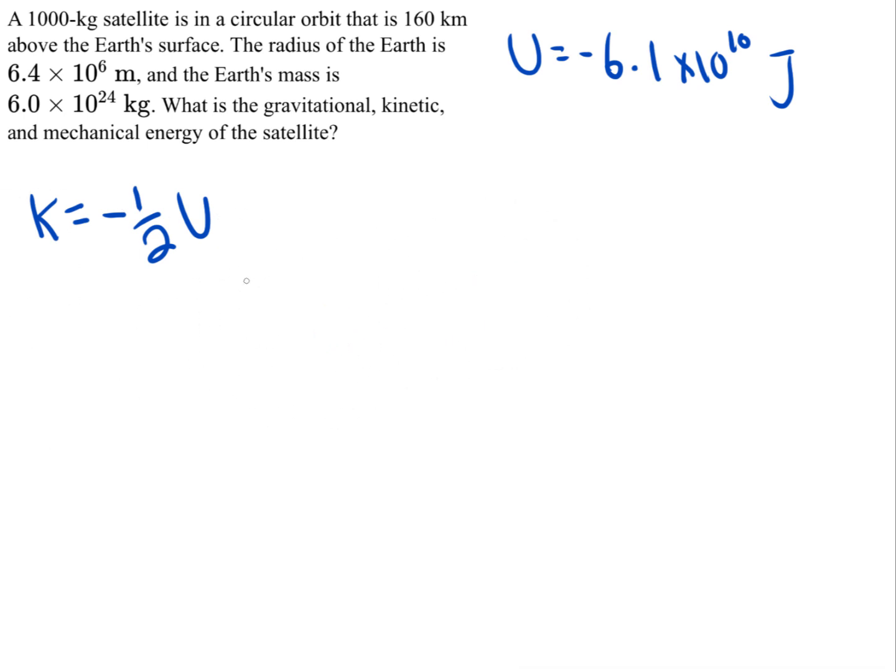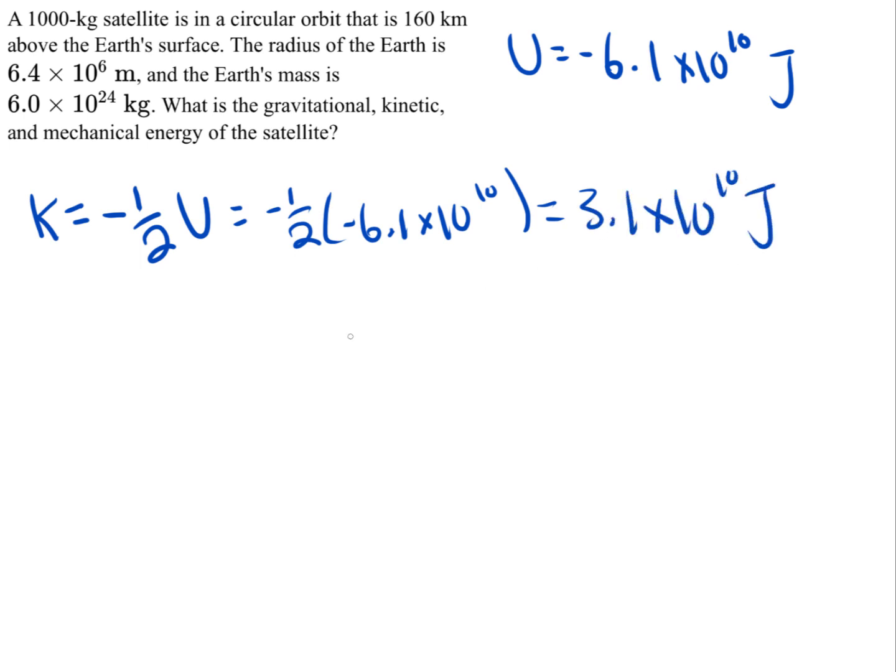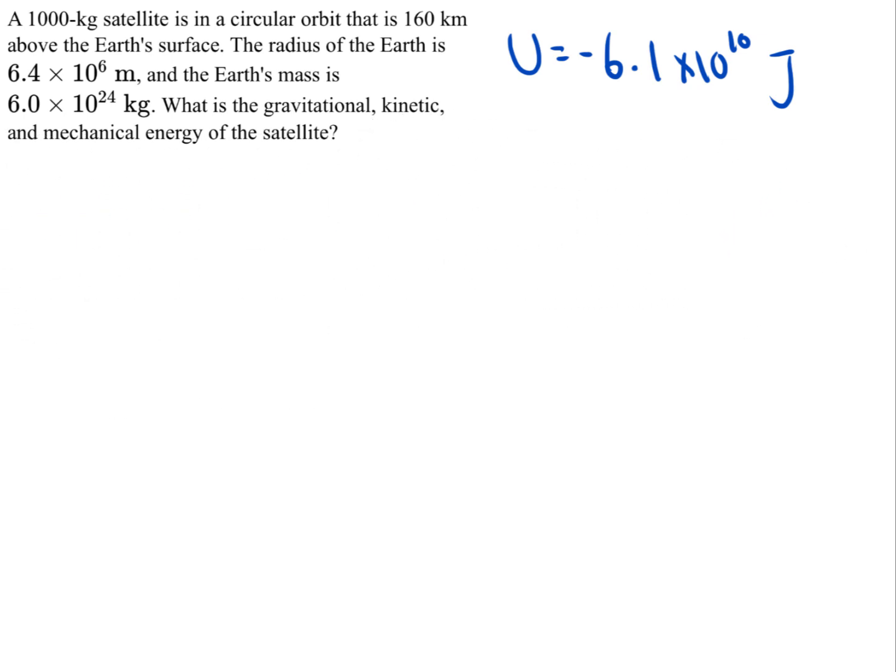That's just how you would derive it, but we're actually just solving this problem here. So this becomes minus 1/2 times the quantity we calculated earlier, which is minus 6.1 times 10 to the 10 joules. And this gives you about 3.1 times 10 to the 10 joules. The negatives cancel, so the kinetic energy is positive. Kinetic energy is equal to 3.1 times 10 to the 10 joules.